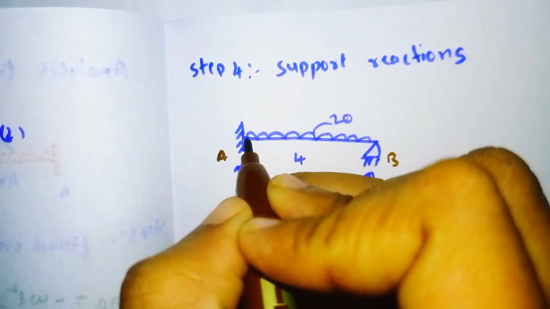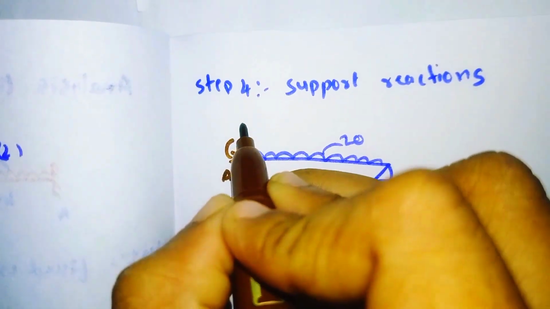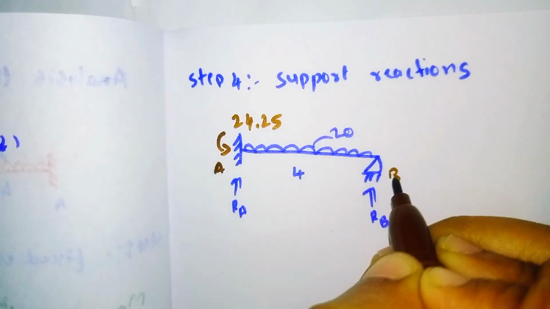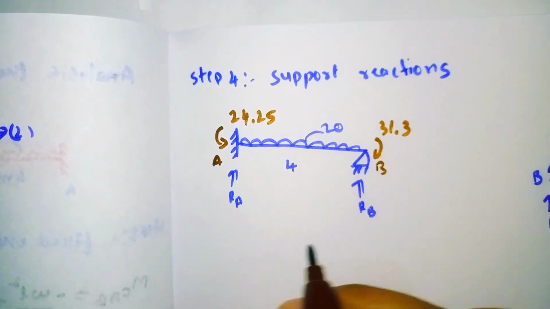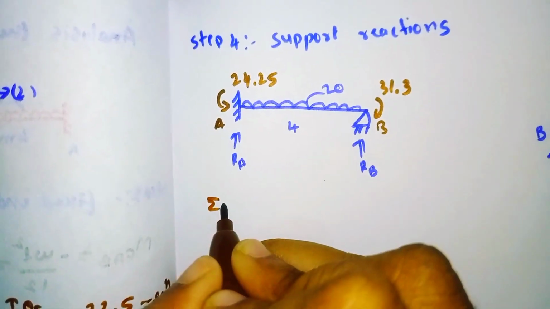So now I will write here MAB we got was minus, it means anti-clockwise rotating 24.25, and MBA we got was plus 31.3. So now we'll simplify it to find out the reaction.